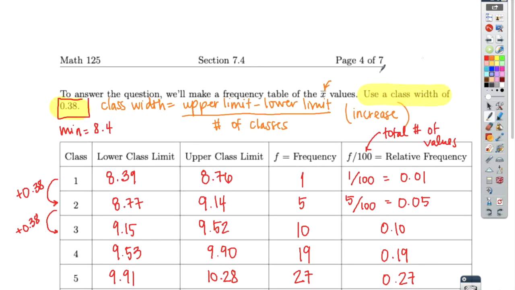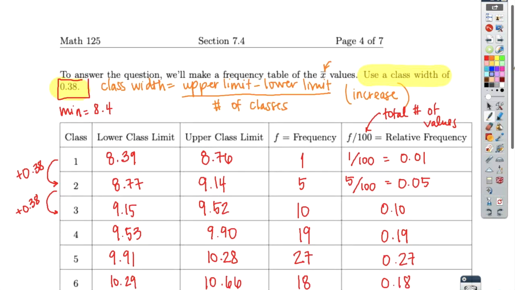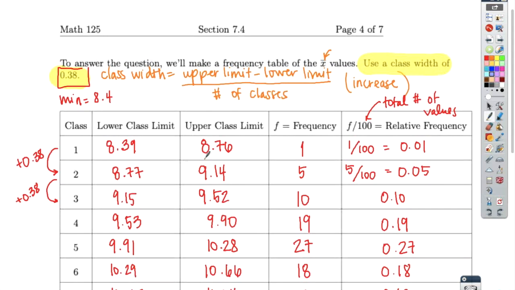However, remember, when we're making any kind of a histogram, we always want these bars to meet up. So there was that idea that we talked about in the beginning where you want to fluff up these bars. So I'm going to make that first bar go up to 8.765.